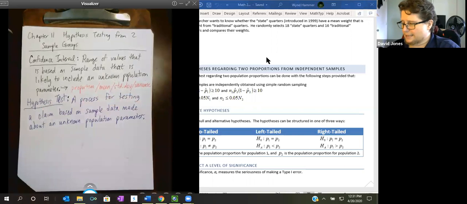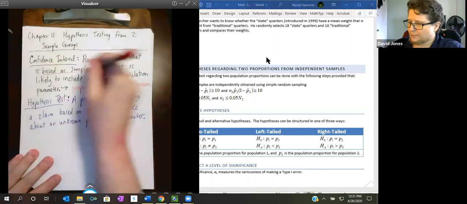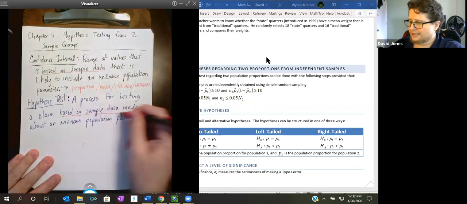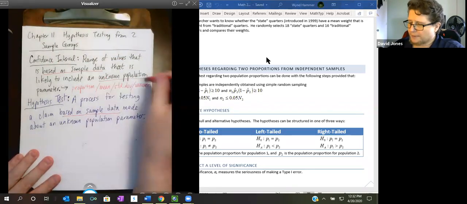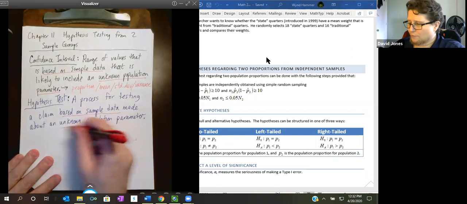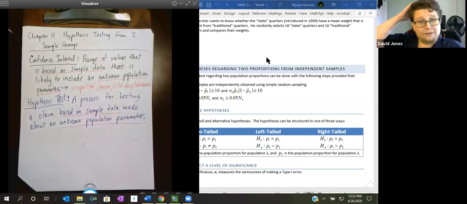And so we can see these are very related. Based on sample data, unknown population parameter, unknown population parameter. One of them is just what the range of values is, and the other is a little bit more than that.